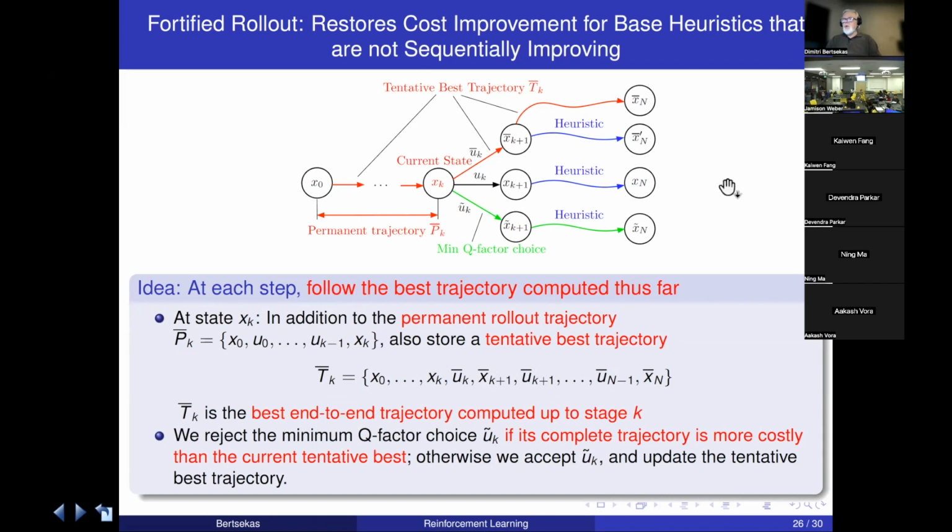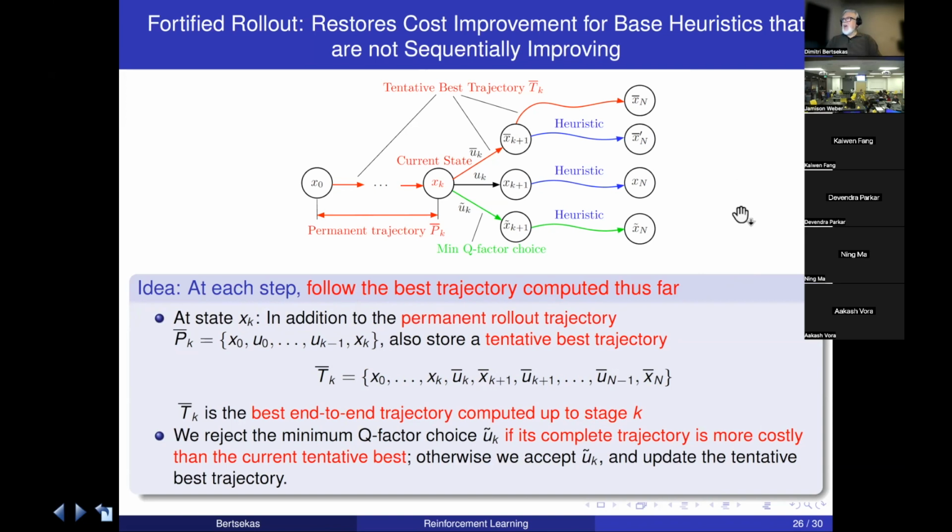And this restores the cost improvement condition and works so well in some problems where the sequential improvement condition may hold for most states, but there may be some states where it's violated that may throw off the rollout algorithm.